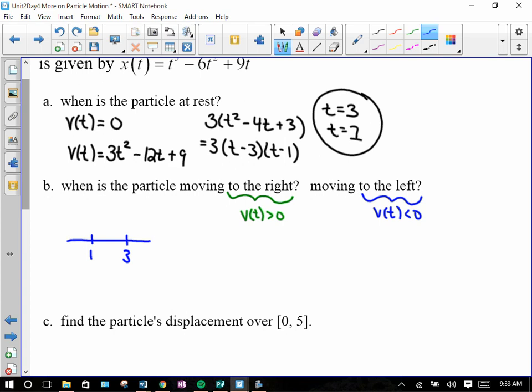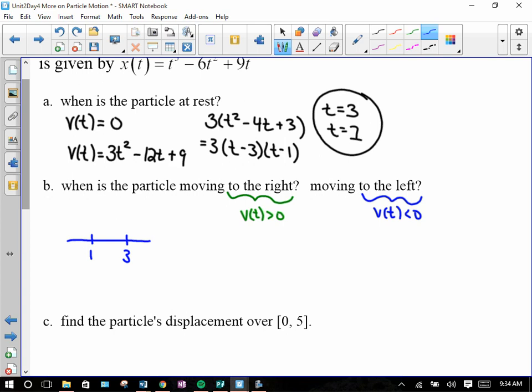I need to figure out, is the velocity function positive or negative over here? Is it positive or negative over here? Is it positive or negative over here? I know right here and here, at 1 and 3, it's 0. So it's going to be positive or negative, 0, positive or negative, 0, positive or negative. How can we do that? Well, we're just going to take numbers on this number line and plug them into our function.